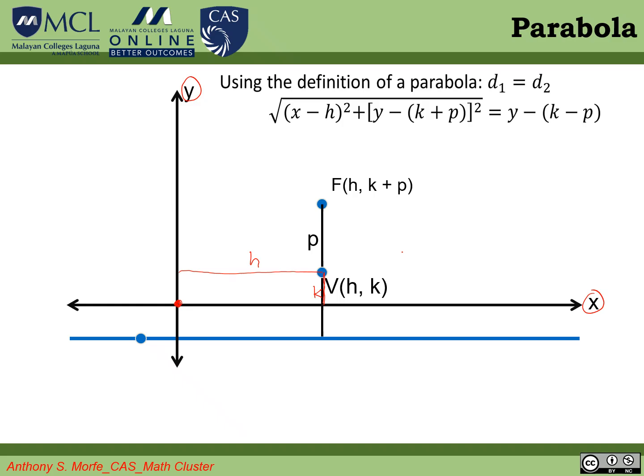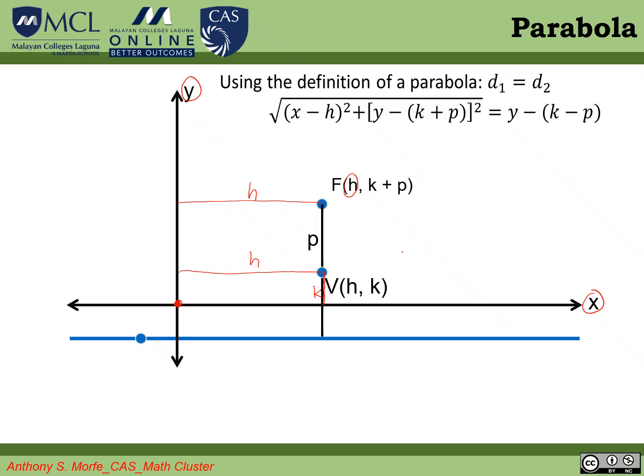So the abscissa of this point is the same as the vertex, which is also equal to h. So this is also equal to h. But the ordinate, meaning the y, the vertical value from the x-axis towards that point.